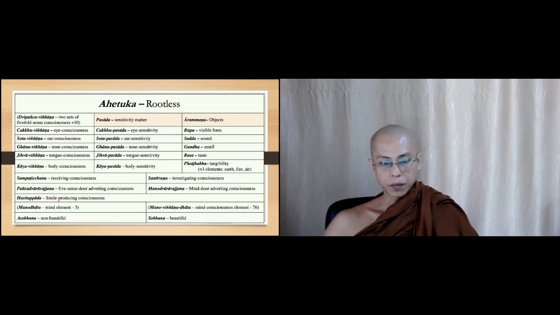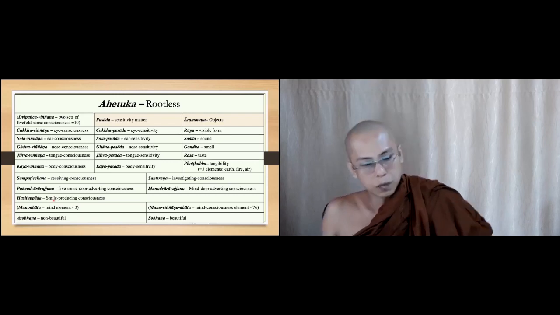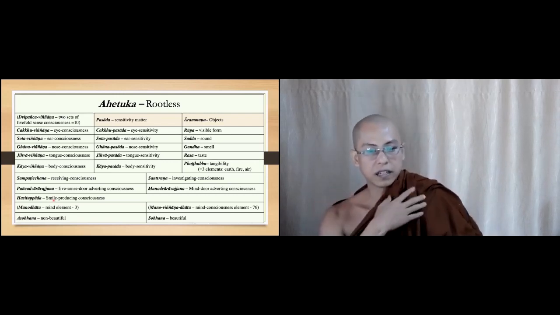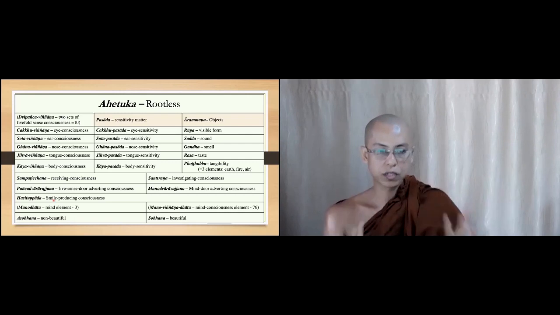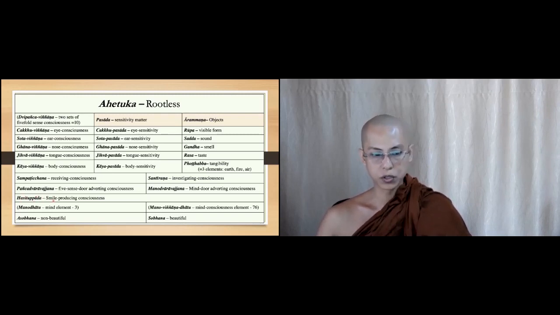Then another usage: Hasituppada, mind producing consciousness. Hasita is smile, so Hasituppada, smile-producing consciousness. When we smile, by the condition of the mental activities, it produces our smiling. This is one type of mental phenomena which can produce a smile.